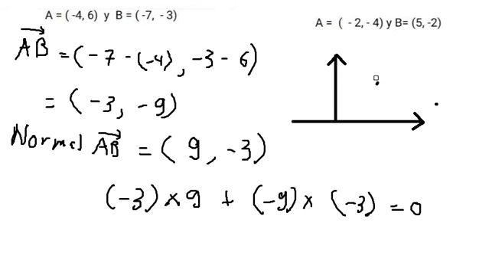That's why, when we do like this, we can find the formula of the line AB in here. That's why we need to find the normal vector of AB.